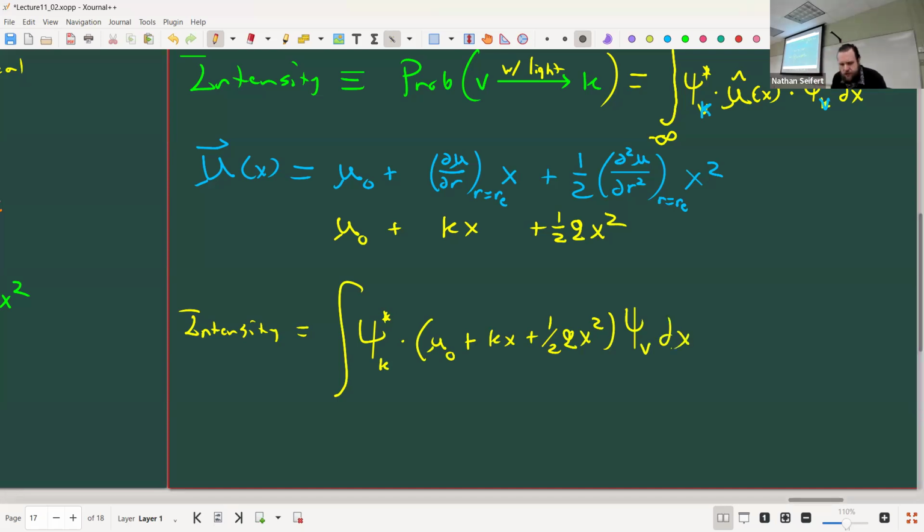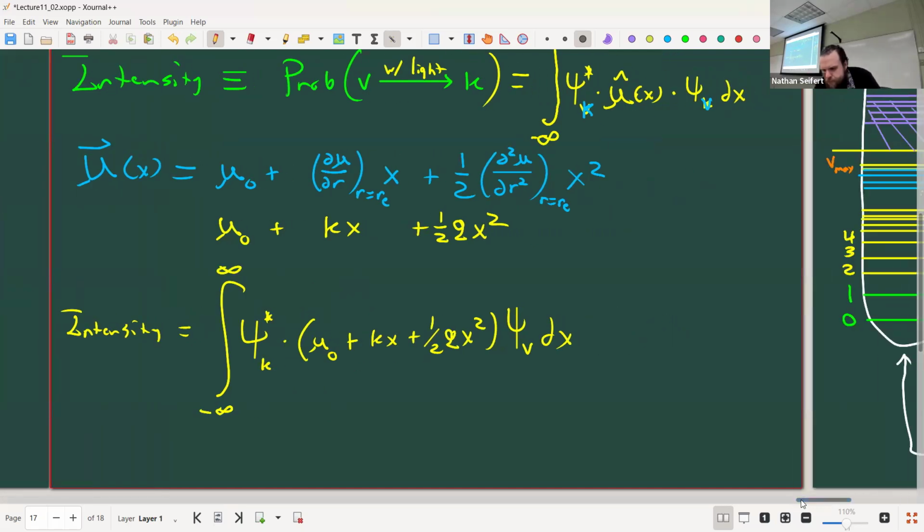This is an integral over the entire space of the bond, which is minus infinity to infinity. I'm going to break this down into 3 terms. I'm going to distribute the integral and the outer wave function onto each of these terms. So we're going to have the integral of psi k mu naught psi v, plus the integral of psi k times kx times psi v, and so on and so forth. I'm going to split things up based on the thing in the middle.